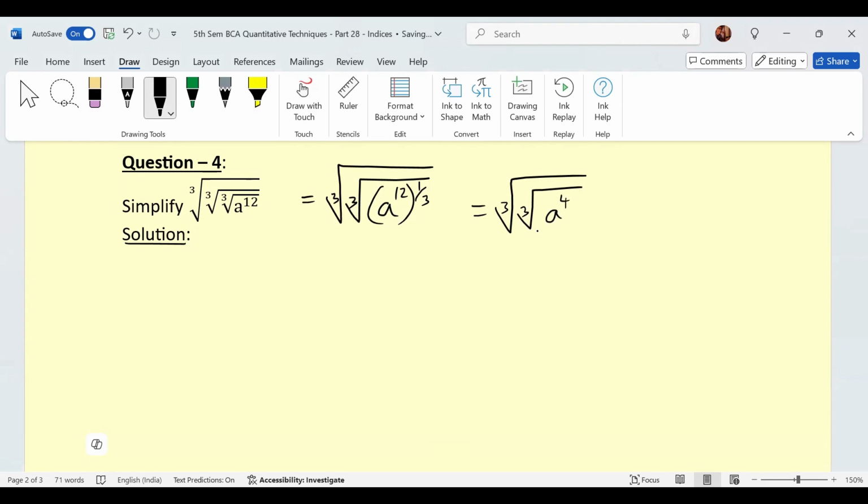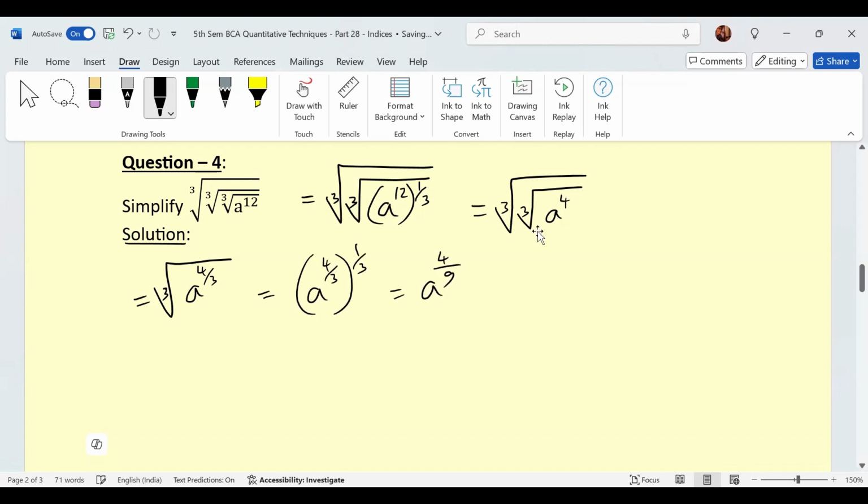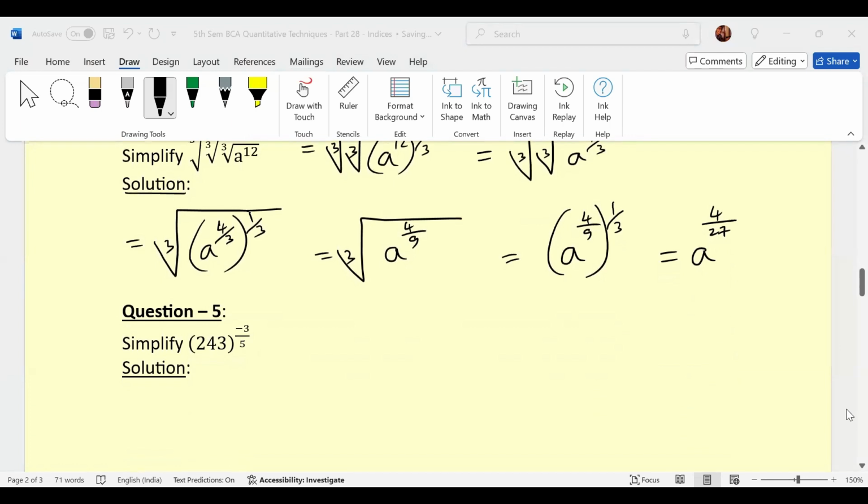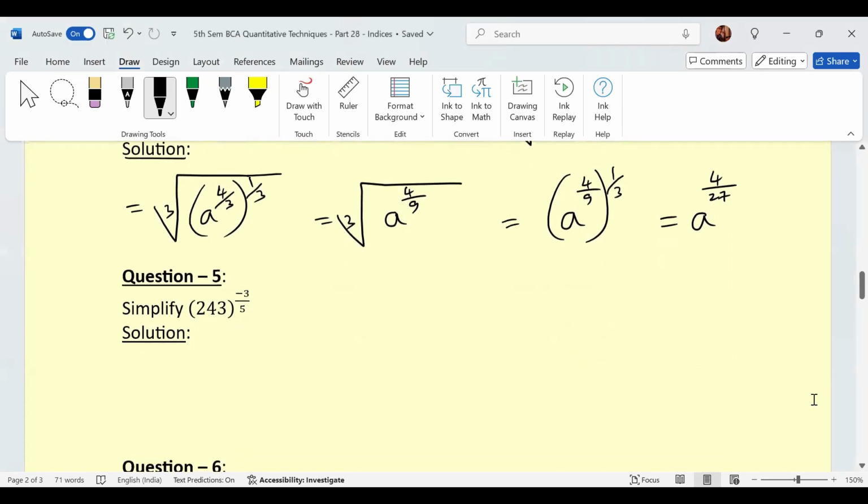That can be again simplified as cube root of a power 4, which is a power 4 by 3. That is nothing but a power 4 by 3 to the cube root, which means this will be a power 4 by 9. So that will be the solution for this question. Let us move on to the next question.